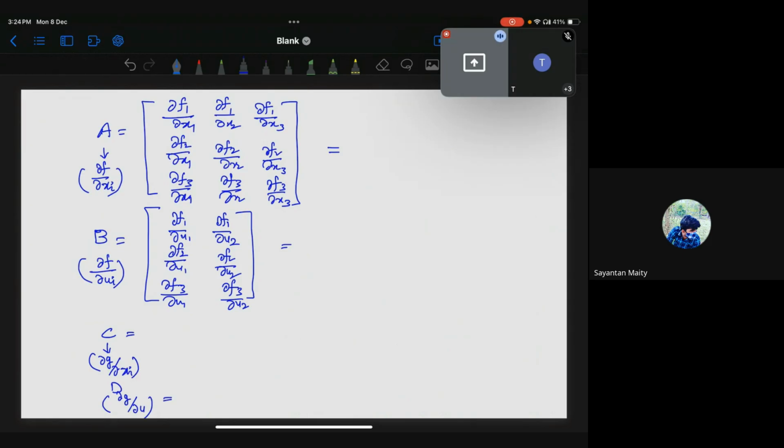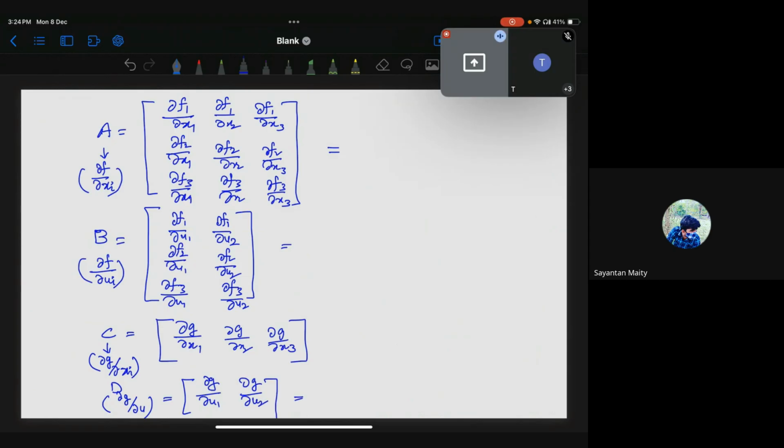That is how we will do the calculations. Then C here is ∂Z/∂X1, ∂Z/∂X2, ∂Z/∂X3. The last one is ∂Z/∂U1, ∂Z/∂U2.